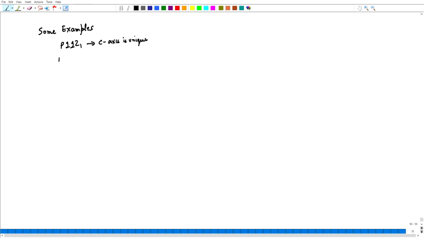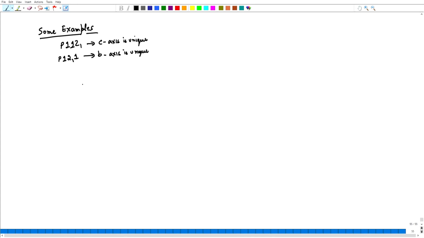Now, this same space group symbol will become P12 sub 1 1 when B axis is unique. So, let us consider this with taking B axis as the unique axis.